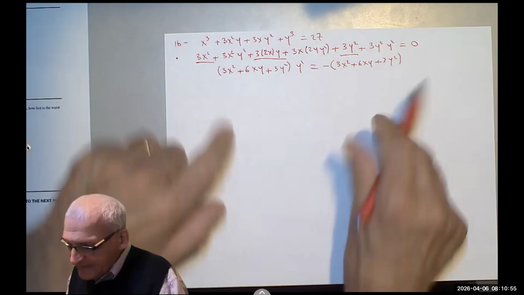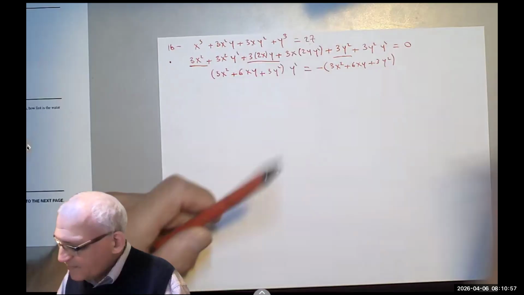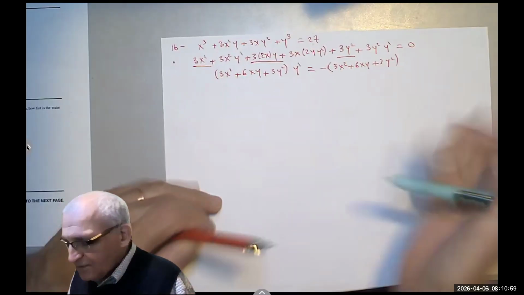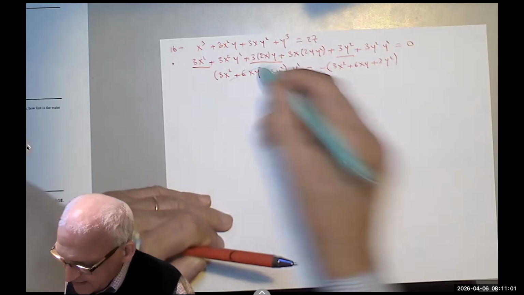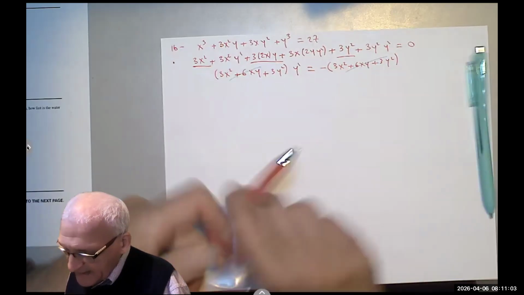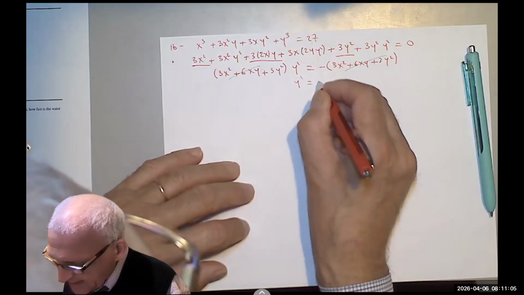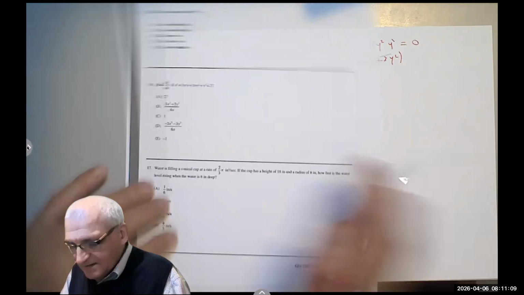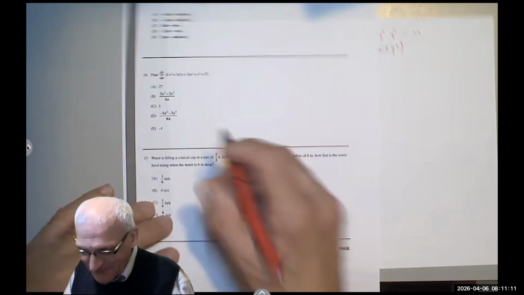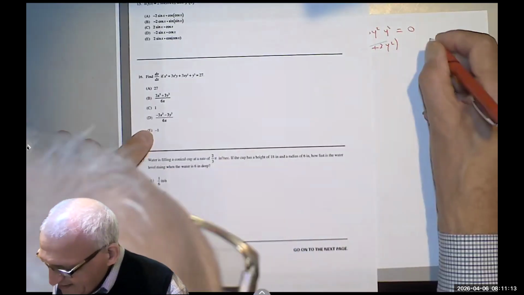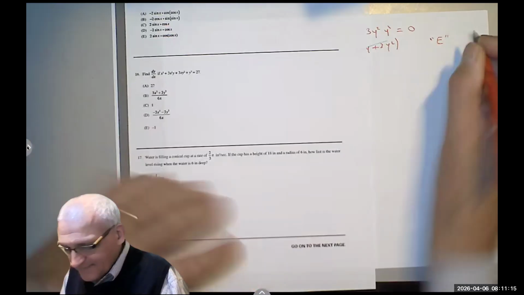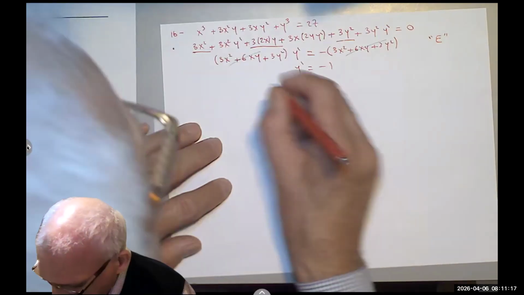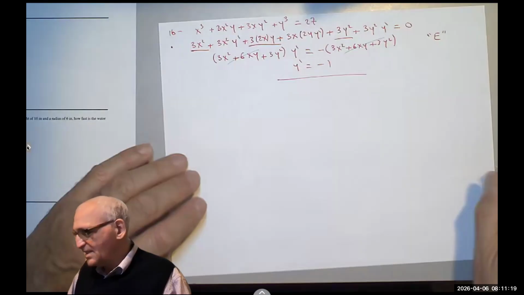And you can see that this is exactly the same thing. So if I divide right and left by that, I get y prime equals negative 1. That was easy. There is no way you get it wrong. It's E, right? That's simple, so I won't get it wrong.